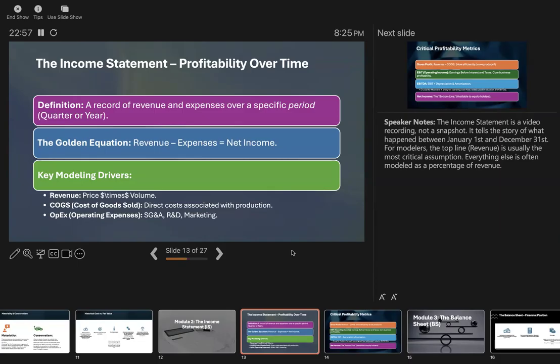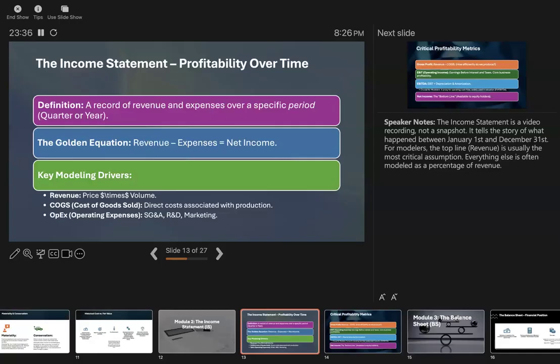So the golden equation is revenue minus expenses, you get your net income. That's it. But what are the key modeling drivers? On revenue, what are those drivers that when we go into modeling, you need to understand and come up with assumptions? Obviously in the energy sector, you have the tariff, which is basically the price. You have the quantities.